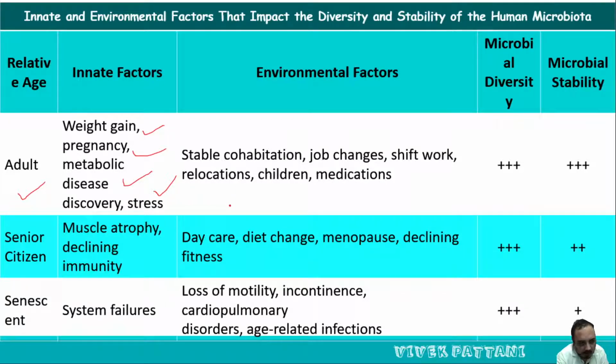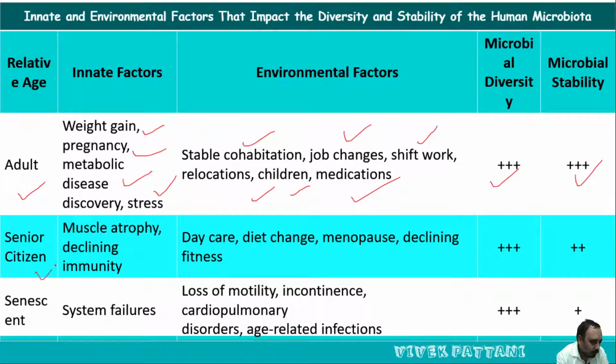The environmental factors which are going to affect are stable cohabitation, job changes, work, relocation, children's medications, or various other environmental factors. It has been proved that the environment around an individual human being has an effect on the normal flora of the human body. But in this period also, the diversity of the microbes will be maximum and the stability will also be maximum.